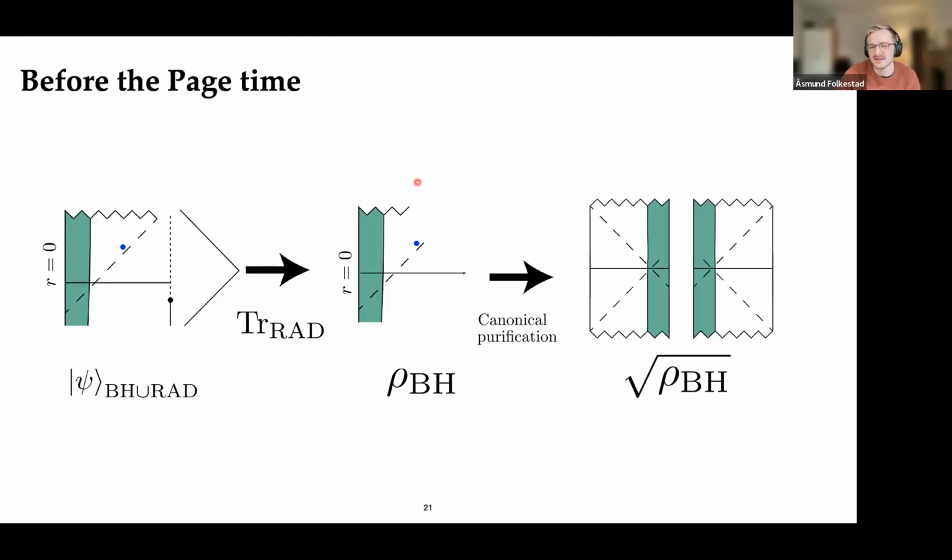Canonically purify, which just means introducing a second copy of this Cauchy slice and evolving forward and backward in time. Because gluing across the empty set is just no gluing at all, we now actually have a disconnected spacetime. So there's a qualitative difference in carrying this procedure out before and after the Page time.